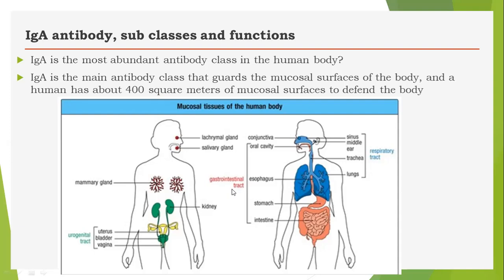So when we combine all the other immunoglobulin subclasses on one hand and immunoglobulin A on the other hand, and compare the concentration, we find that the concentration of immunoglobulin A is high compared to all the other subclasses combined in the body.